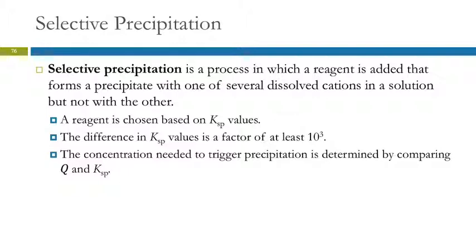So we choose a reagent to precipitate the desired thing, and we choose that based on the KSP values. The difference in KSP values to get one to precipitate and the other not to precipitate needs to be a factor of at least 1,000, 10 to the 3. And the concentration needed to trigger that precipitation can be predicted by comparing Q and KSP, just like we did.